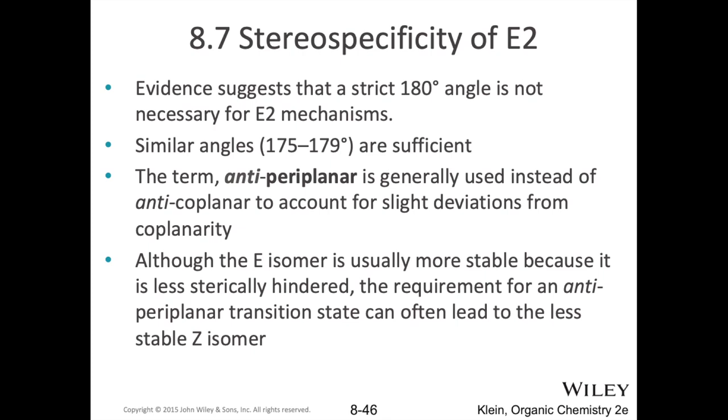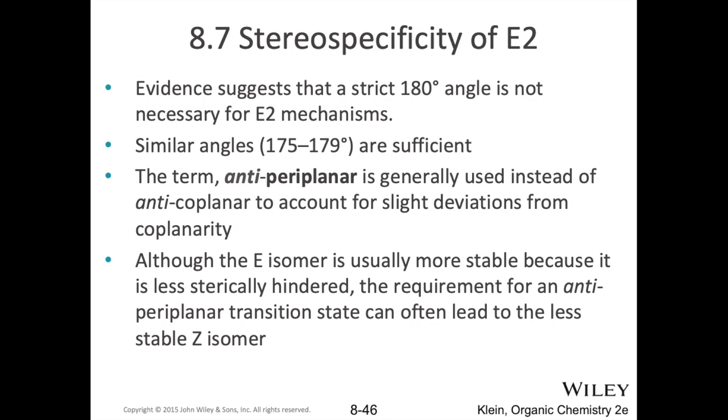Okay. So even though you could argue that that E isomer from a stereoselective standpoint is more stable, and therefore you're going through a less hindered transition state because of that, you need the anti-periplanar transition state, and so sometimes it is possible to get a Z isomer or a cis isomer, even though it seems a little counterintuitive.